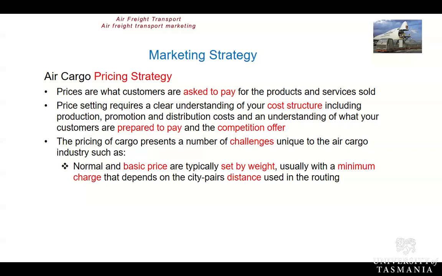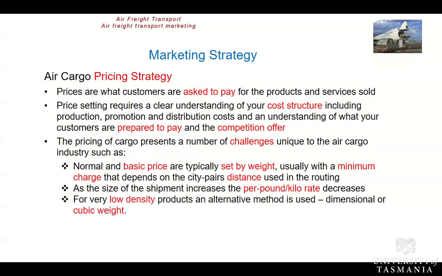Of course, that will increase based on the city pairs that you're dealing with and the distance that you're travelling. In addition, I suppose one of those unique things about size is that as the size of the shipment increases, the per pound, per kilo rate decreases. Doesn't necessarily mean that you're paying any less, but you're paying a little bit less over a longer distance.